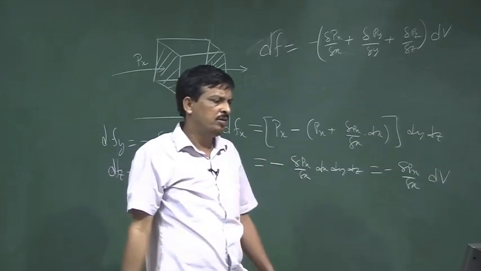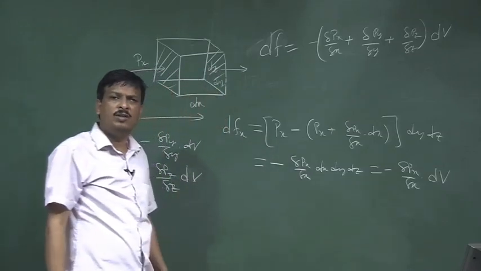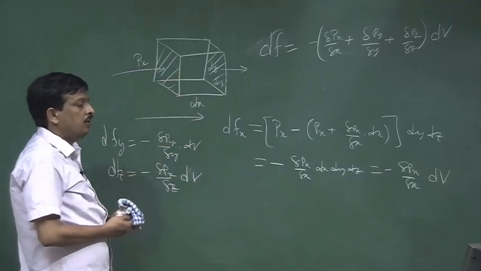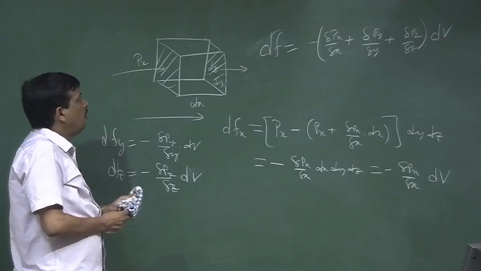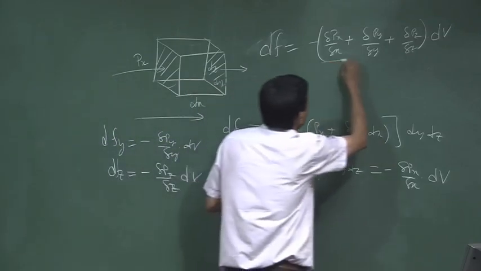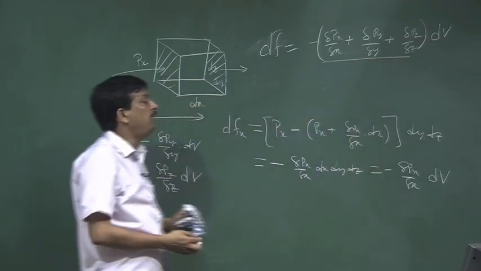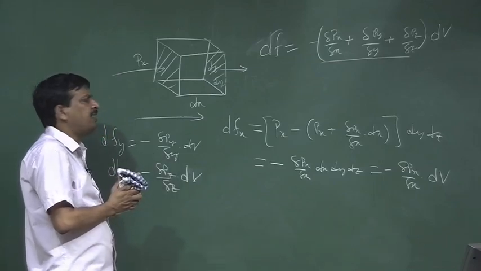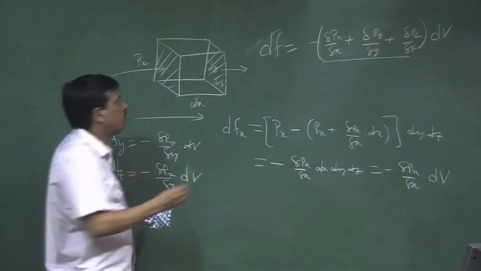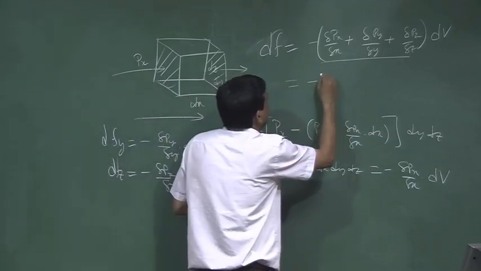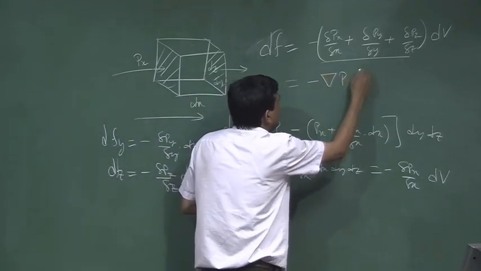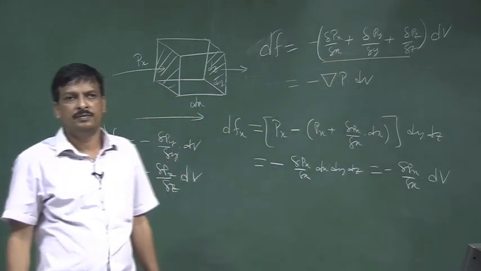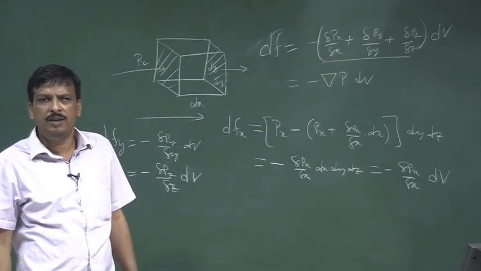Very simple. Now, del Px by del x, del Py by del y and del Pz by del z together are nothing but a divergence. So I can write minus divergence of p into dv.